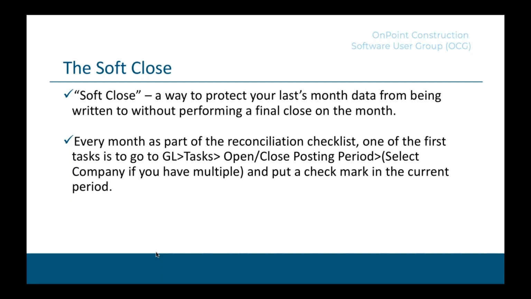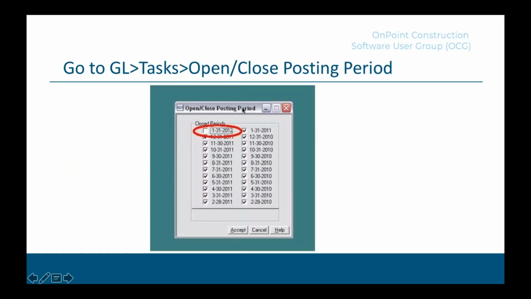And then every month, as part of the reconciliation checklist, you go to GL, task, open close posting period. If you have multiple companies, you want to select the company that you want and put a check mark in that current period. This is what it looks like. If you went to task, open, close, posting period, all your previous months would have been closed, and this is the month that you're working on.